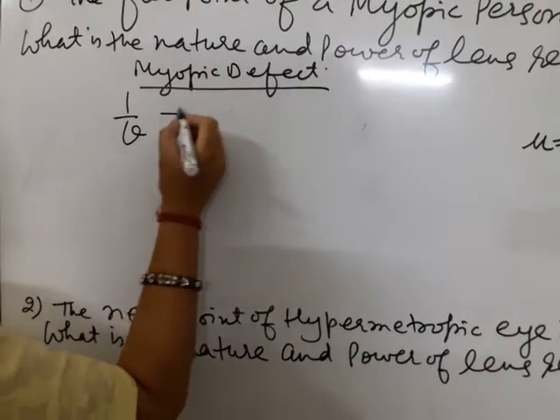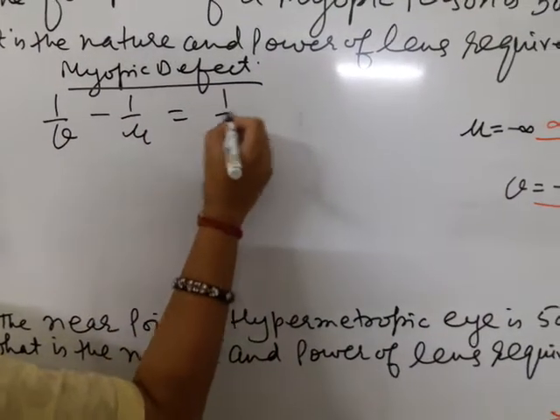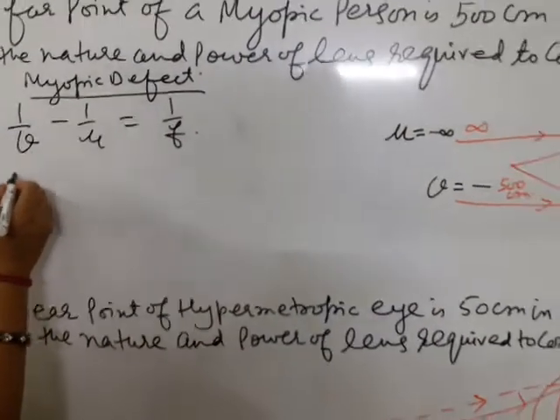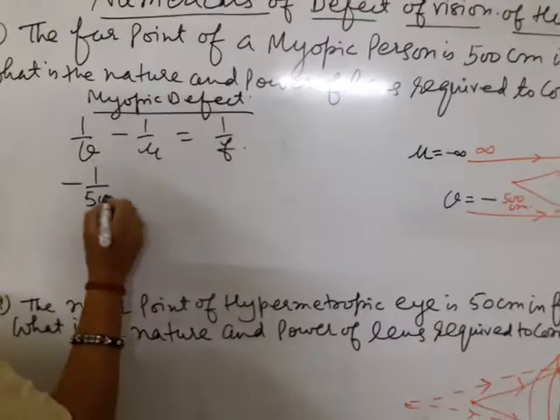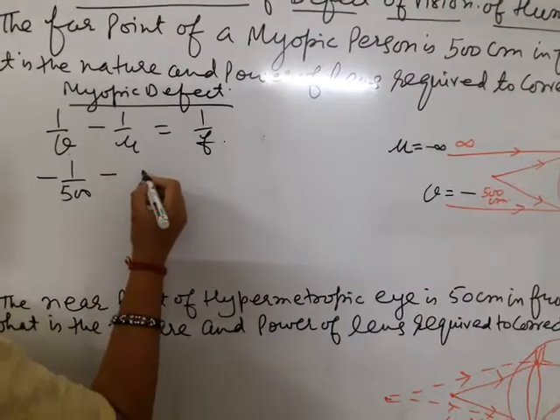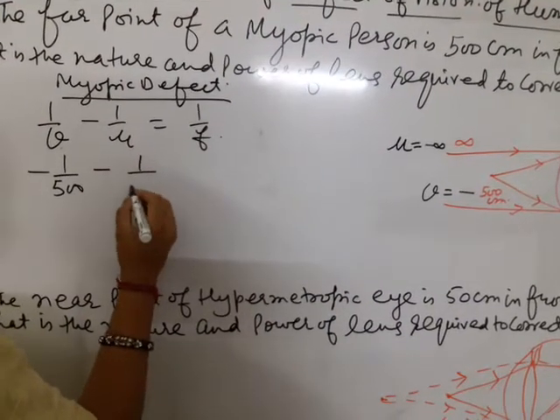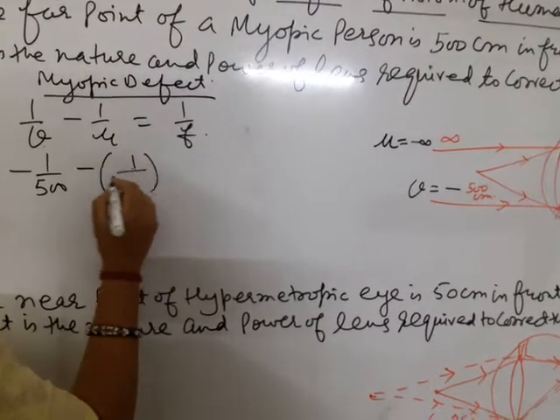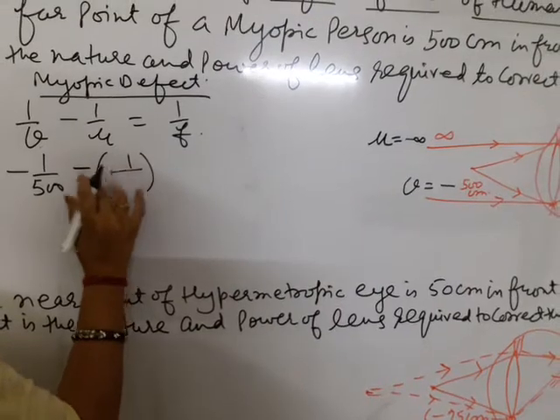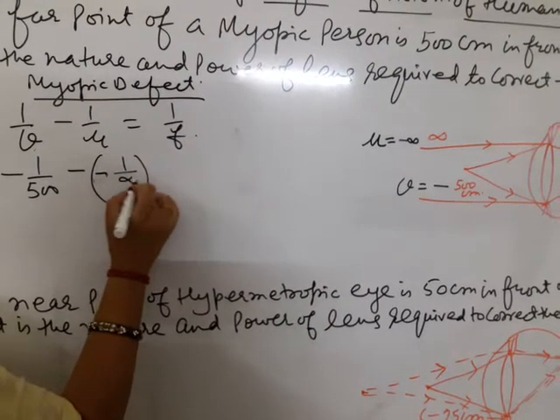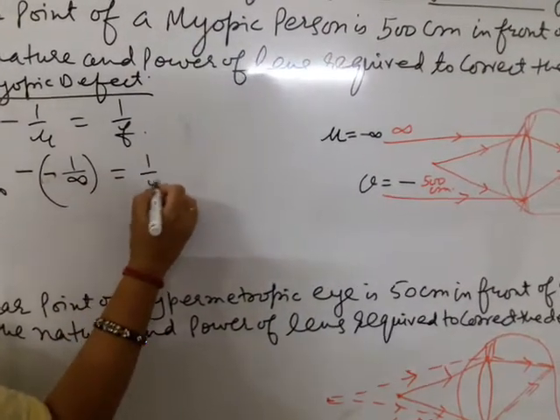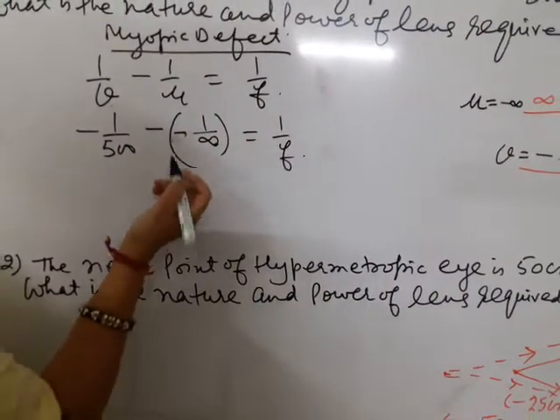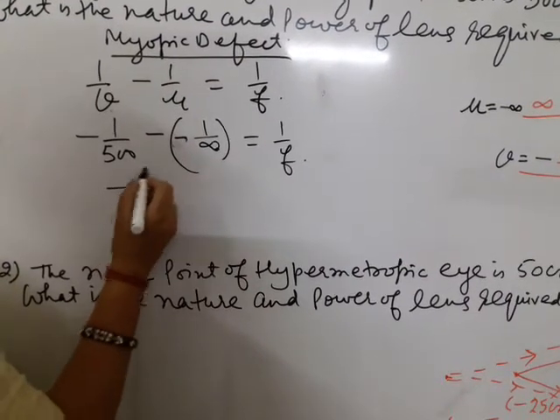1 upon V minus 1 upon U is equal to 1 by F. Now V here is minus 1 by 500, minus 1 upon infinity, as infinity is the object distance here, is equal to 1 by F. Now 1 upon infinity is not a defined term, so it is 0.